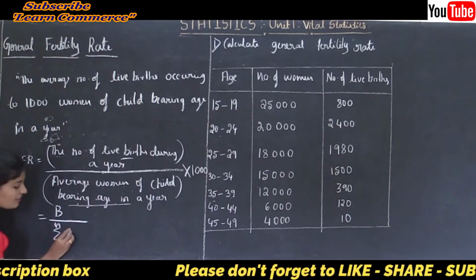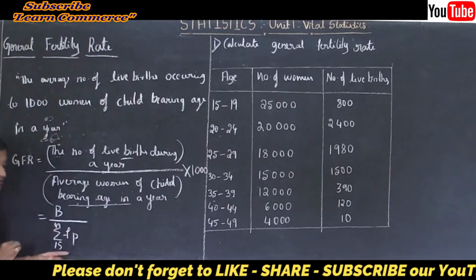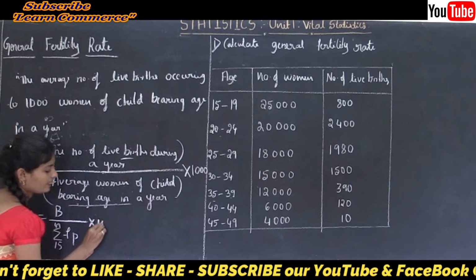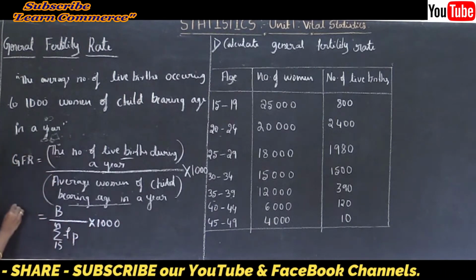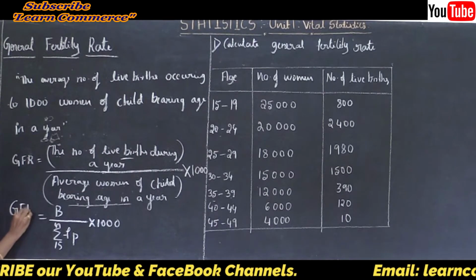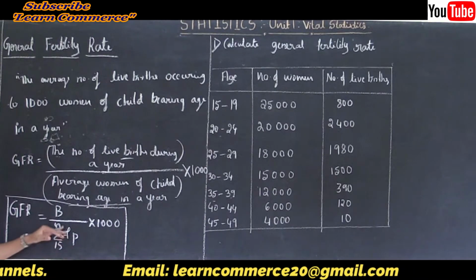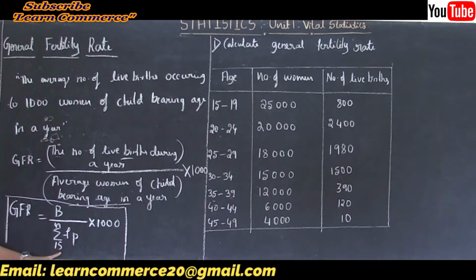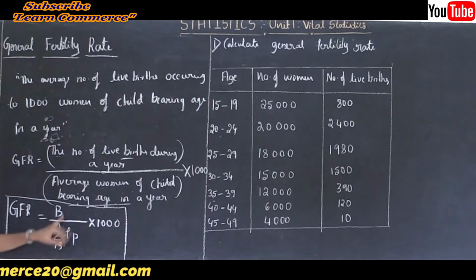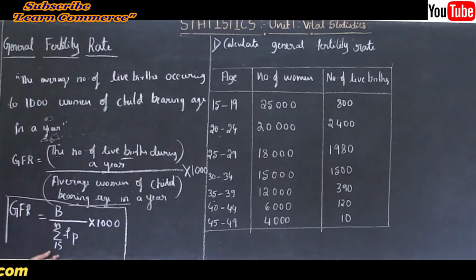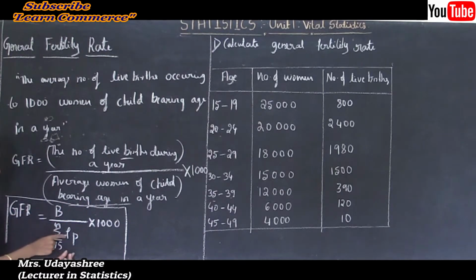So I will write sum of female population into 1000. So this is the formula to calculate GFR: B divided by the sum of female population aged 15 to 49 years, into 1000.